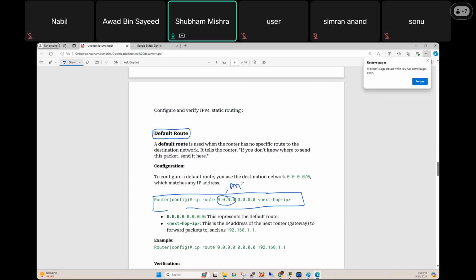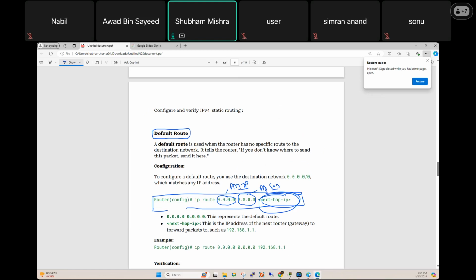Any IP, any subnet, and that is the next hop. It means you are telling the router that whenever you receive any packet from any source, you need to forward it towards this next hop. Are you getting my point, everyone? This is the meaning of this command.